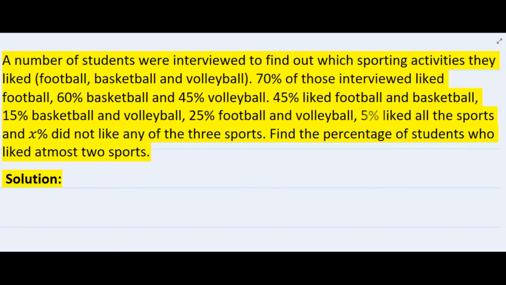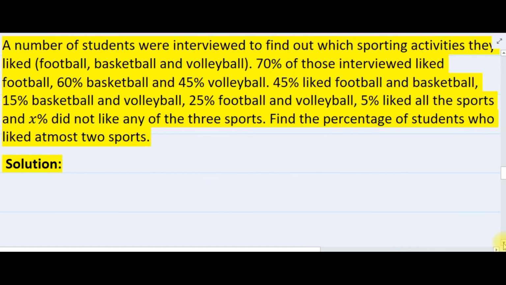I told you we always start from the back to read any Venn diagram question so that it will be easy. Start by getting how many like all 3, then 2, before we get only 1. So let's draw the Venn diagram first.